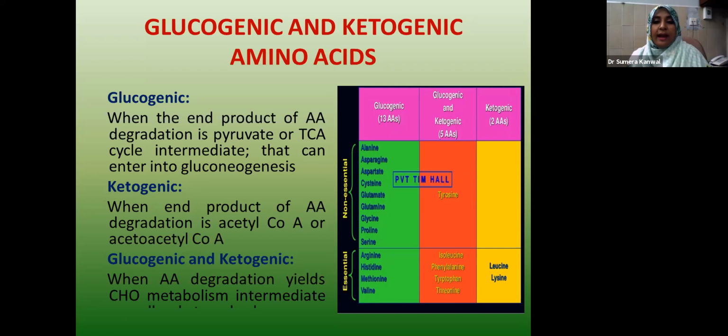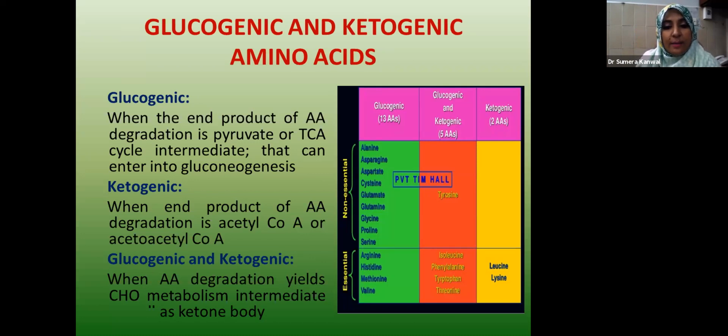So on the right hand side, you have a table that contains examples, the names of the amino acids that are glucogenic, the amino acids that are both gluco and ketogenic, and the amino acids that are ketogenic. So we have a total of 13 amino acids.